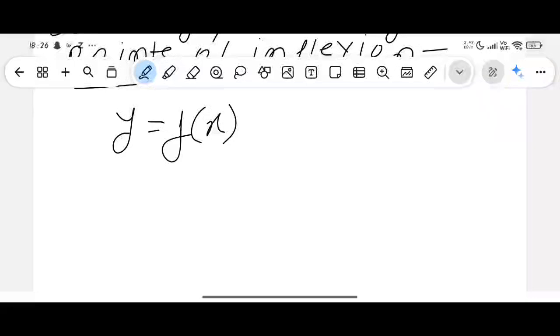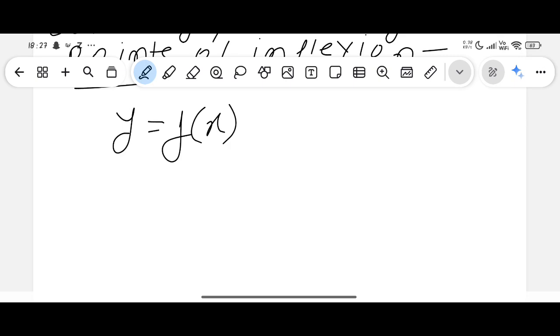Whenever you are given any polynomial function or any trigonometric function, we need to check some characteristics of this graph: where it is increasing, where it has local maximum, where it has local minimum, where the value is maximum or minimum, and also at x equals 0 what is the value of y. These are some characteristics of a graph which help us in analyzing and plotting the graph.